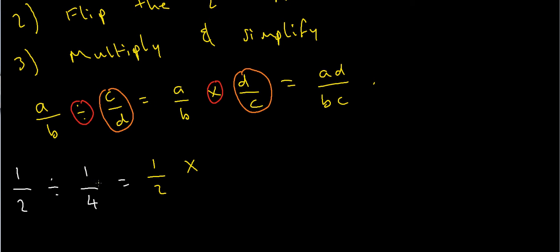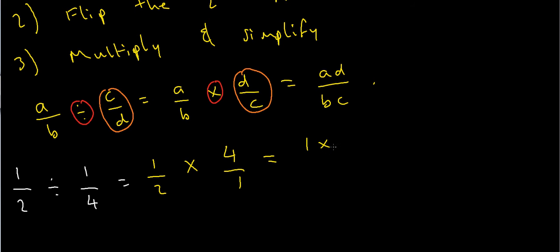And the second step says that you now got to flip the second fraction. So if we take 1 over 4, what happens when we take the reciprocal, or we flip the fraction over? Well, the reciprocal of 1 over 4 is just 4 over 1. That's what we get when we swap the 4 and 1, when we flip it over. So now we just complete the multiplication. We know how to multiply fractions, so we've got 1 times 4, that's the product of the numbers on the top.